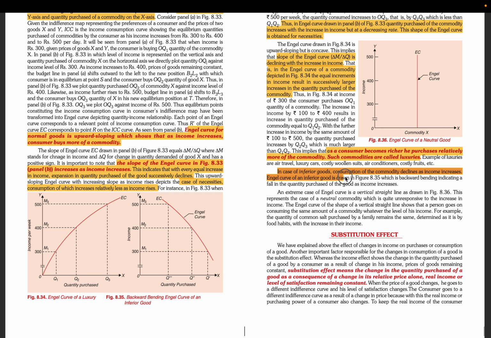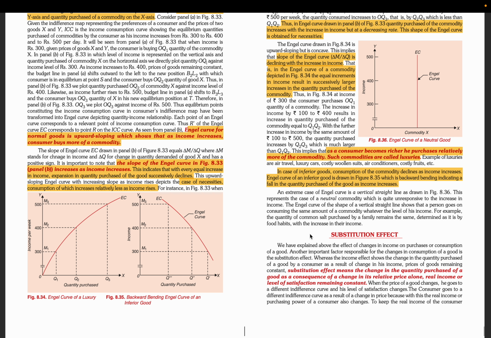The Engel curve of the inferior good is drawn here, which is backward bending, indicating a fall in the quantity purchased of the good as income increases. As income keeps on increasing, first the quantity was Q1, next the quantity is Q double dash, and next the quantity is Q triple dash.